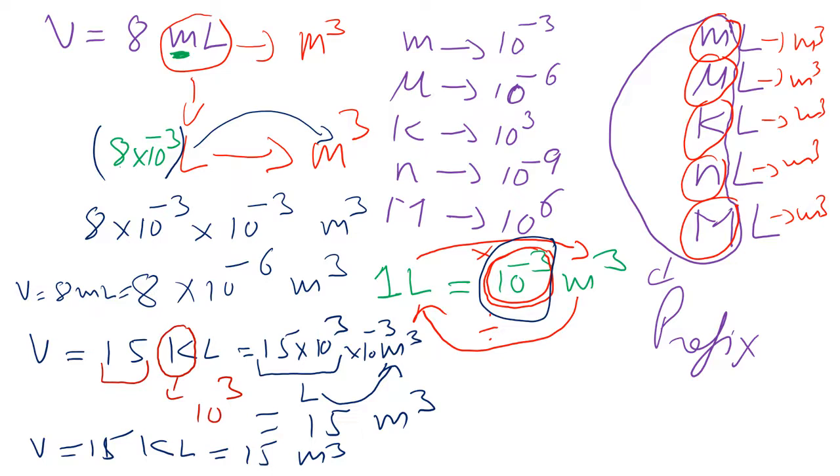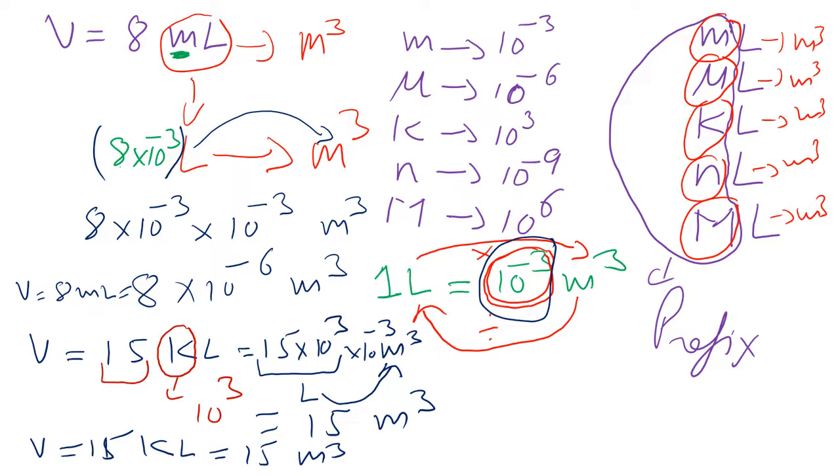Sometimes the volume is used with liter, and the liter is used with some prefix. Sometimes the volume may be used with milliliter, or microliter, or kiloliter, or nanoliter, or megaliter.